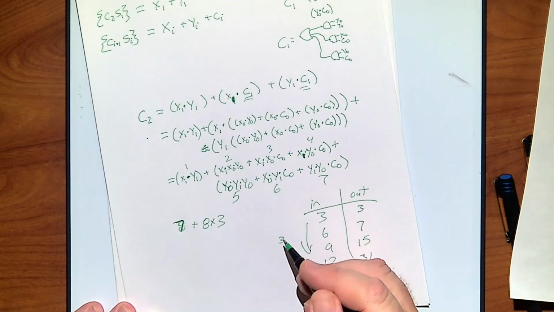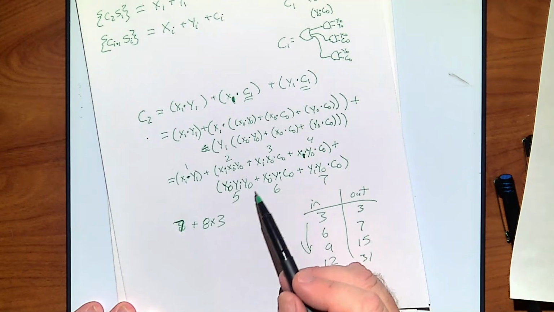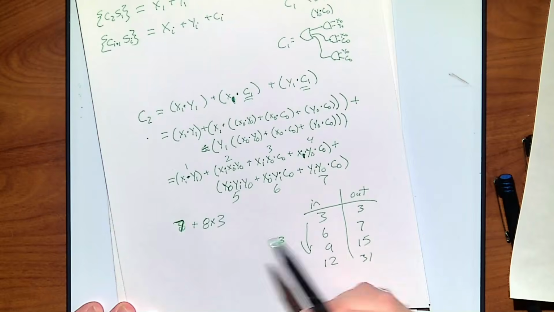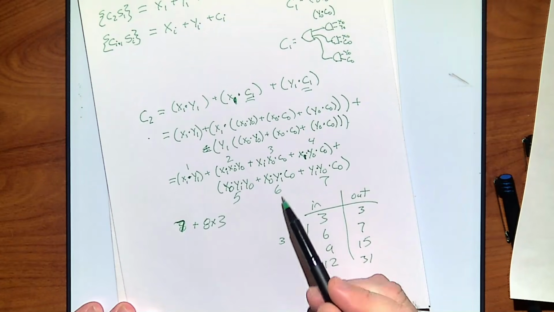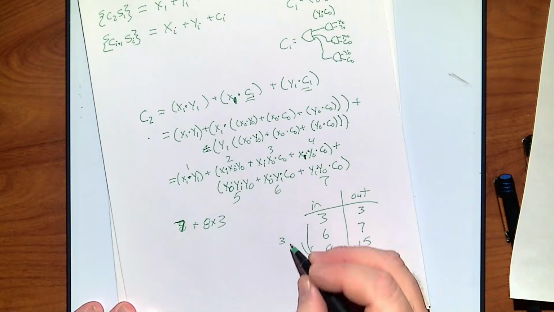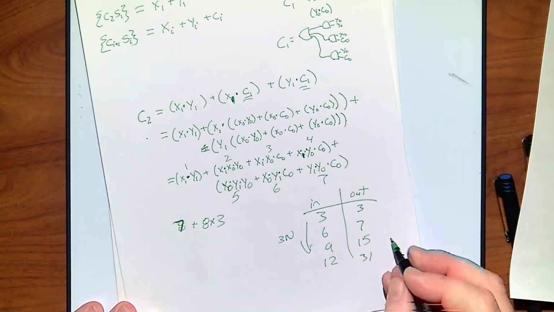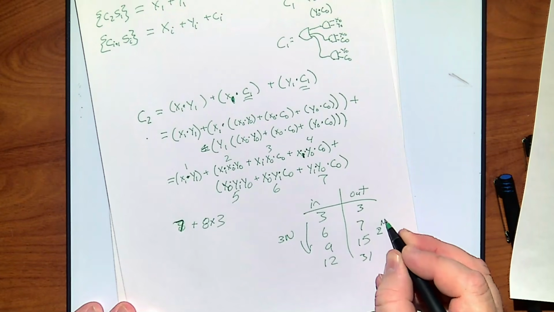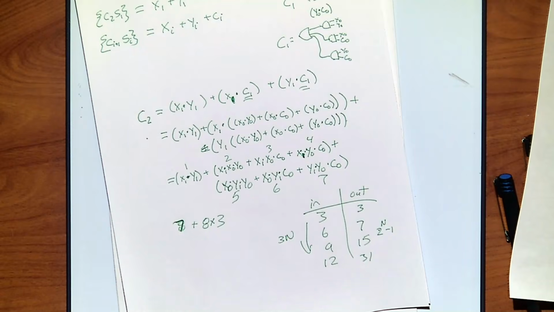And you could say, hey, maybe there's something I can combine. Sadly, it's not going to be an easy one to do. So for the moment, we just consider this 3n, and this is looking like 2 to the n minus 1. It's growing pretty nicely.